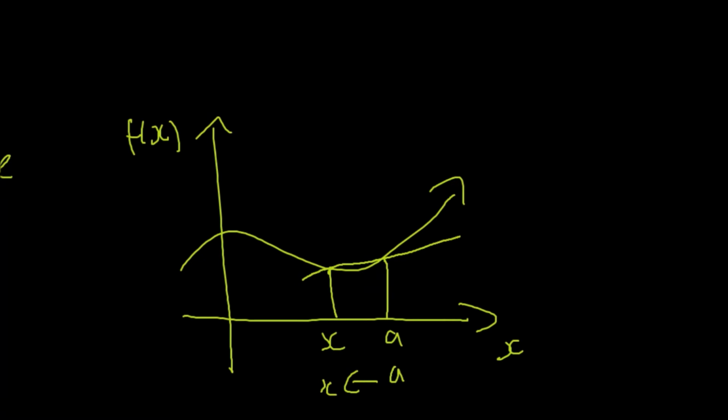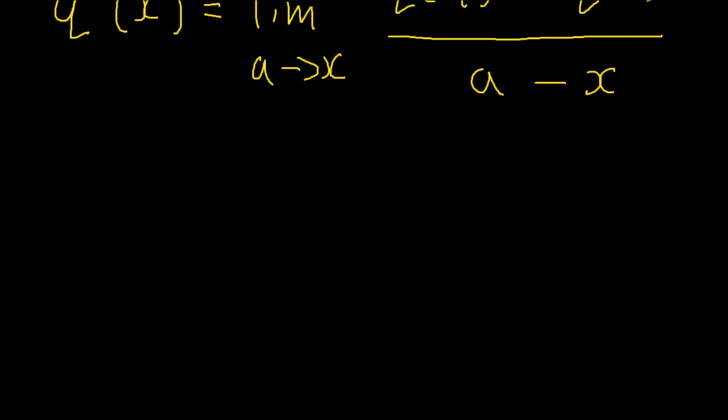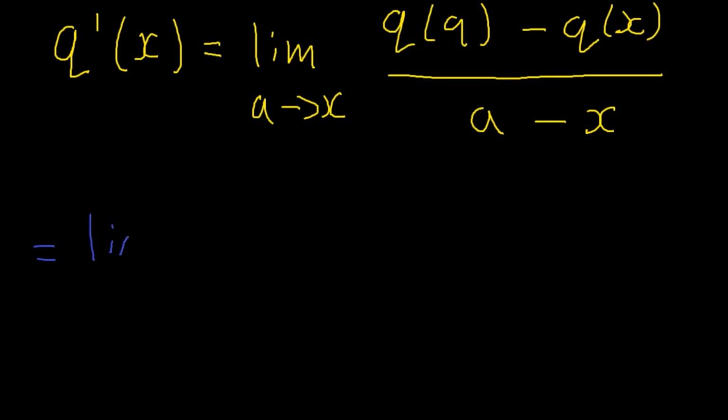So let's write out what q prime of x is first. Q prime of x equals the limit as a approaches x of q of a minus q of x divided by a minus x. Now, if we go back to f of g of x, it is the limit as a approaches x of f of g of a minus f of g of x all divided by a minus x.